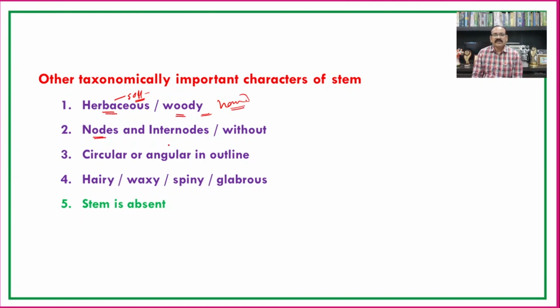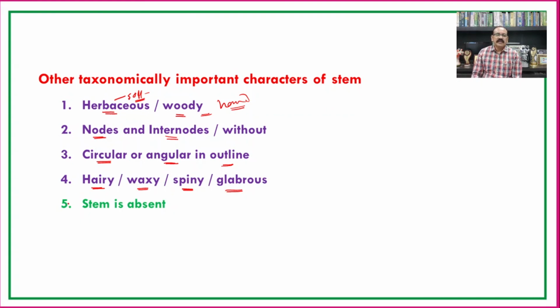Then nodes and the internodes, which is the characteristic feature of the plant body. Then even the stem is circular or angular in outline, which is one of the characteristics of the stem. Then the surface of the stem, that is, it may be hairy, it may be waxy, it may be spiny, or without any structure, that is glabrous.